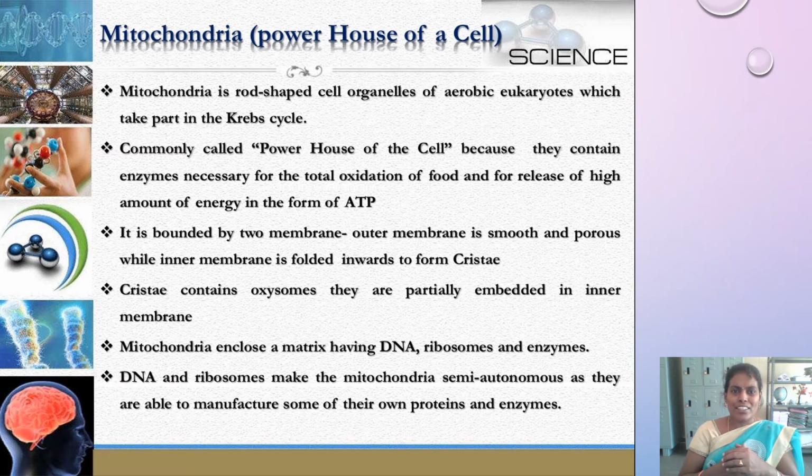That's why it is called the powerhouse of a cell. The energy released by the mitochondria is in the form of ATP. ATP means adenosine triphosphate. ATP is also called the energy currency of the cell.